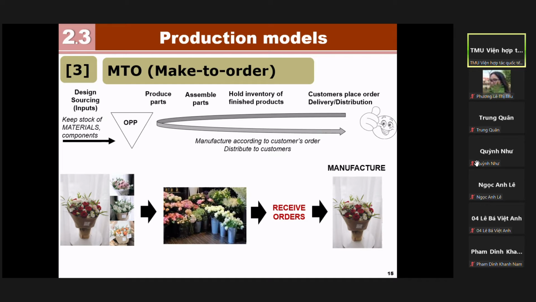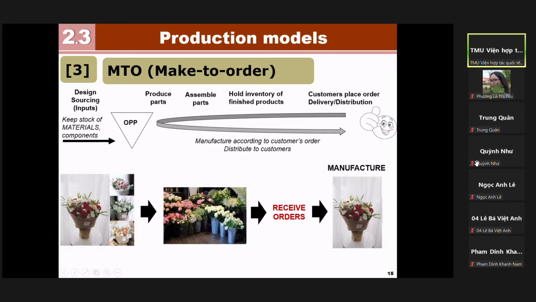In addition to that, they have the power of adjusting the products a bit. Of course, the shop already designed or set some models of bouquets before, like they have 4 models like this. However, when the customer comes, maybe they can ask to change. For example, I would like this model, however, I don't want red roses.